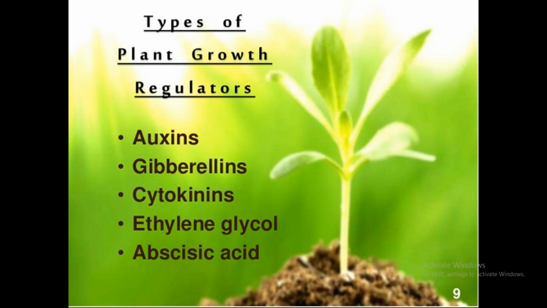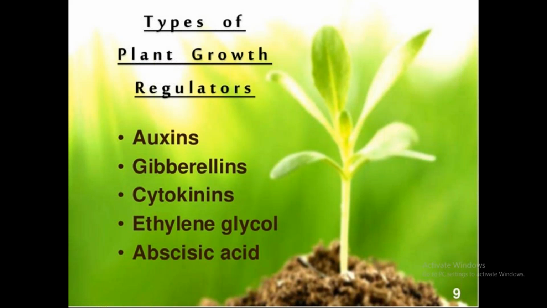Clear? These are the main 5 hormones we studied: auxin, gibberellin, cytokinin, ethylene, and abscisic acid. In addition, there are many other hormones like jasmonic acid and brassinosteroids, which also regulate the growth and activities of the plant.